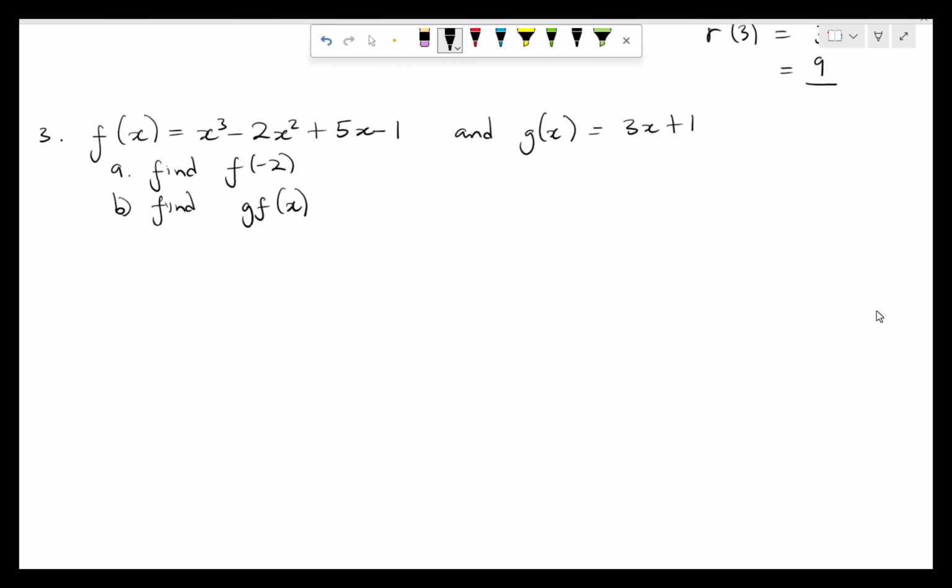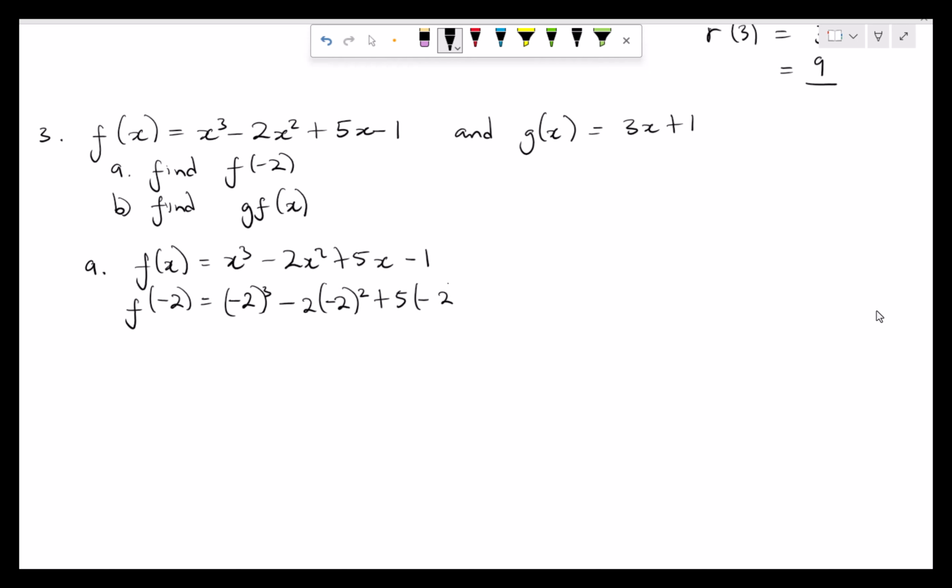So starting with part A, we take our f of x function as it is, x cubed minus 2x squared plus 5x minus 1. And then wherever we have x, we're going to replace it with negative 2. So we have negative 2 cubed minus 2 times negative 2 squared plus 5 times negative 2 minus 1.